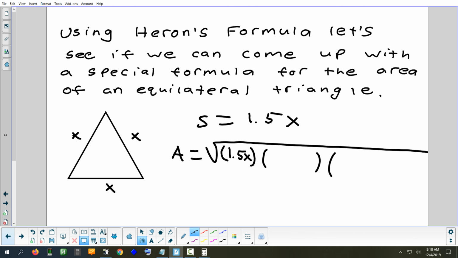So now we're going to write that. And this is where Heron's formula gets annoying, because why are we writing the same thing 3 times? There's got to be a faster way, right? But we'll see what that is in a second. So semi-perimeter minus the first side. Semi-perimeter minus the second side. Semi-perimeter minus the third side.